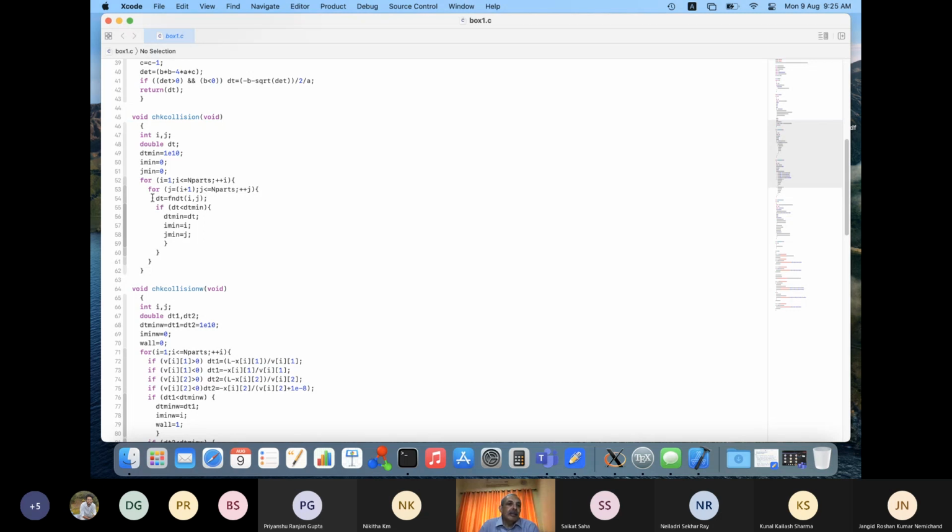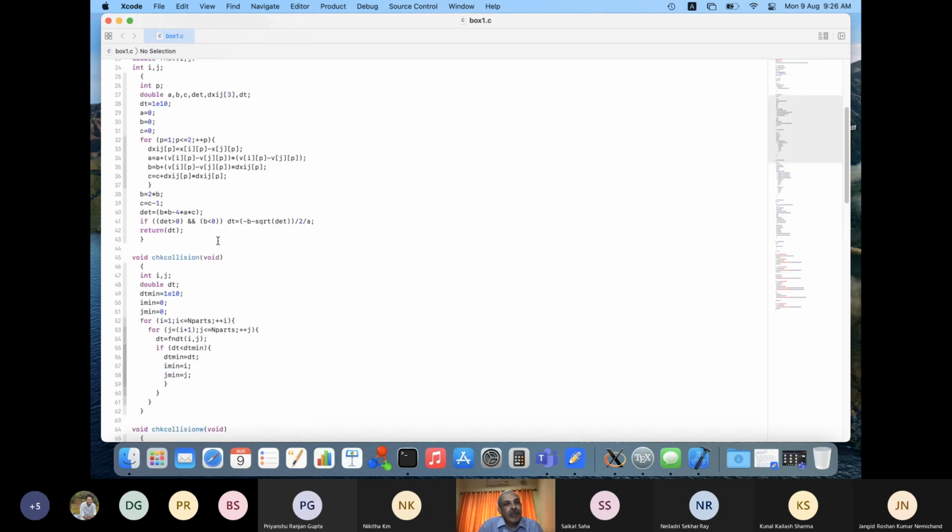And then the time for collision is given by this function Fn dt, which calculates the collision time between particles I and J. And if this newly calculated time is less than the minimum time, then that is called the minimum time, and then I min is equal to I, J min is equal to J, and so forth.